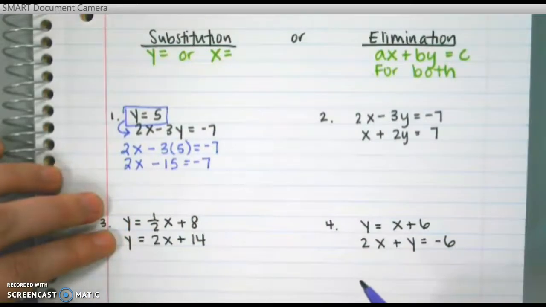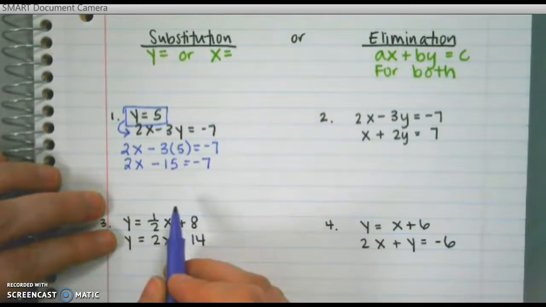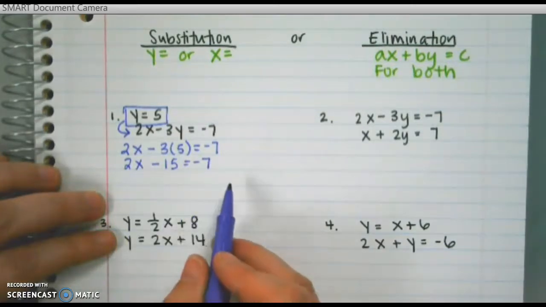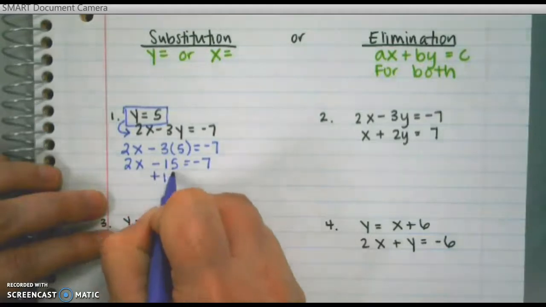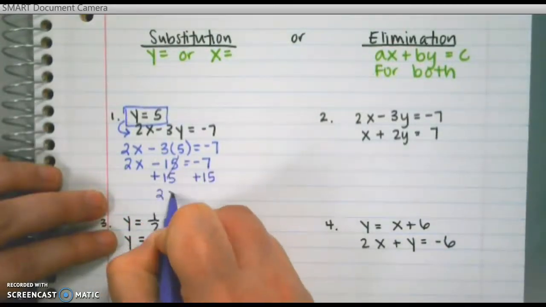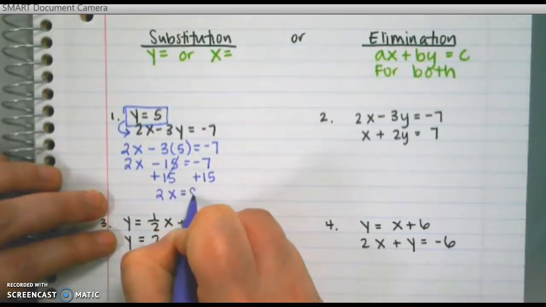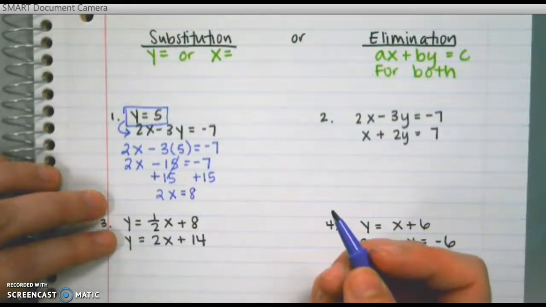All right, and this is now just a two-step equation. So I'm trying to isolate x, right? I'm trying to have a variable side and a constant side. So I'm going to add 15 to both sides. So I get 2x is equal to 8.